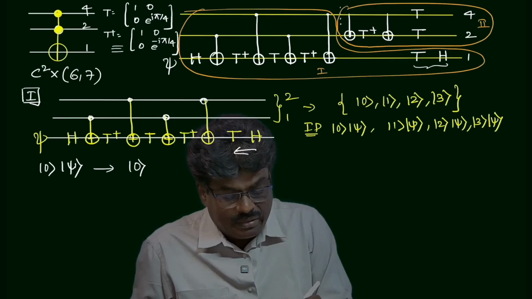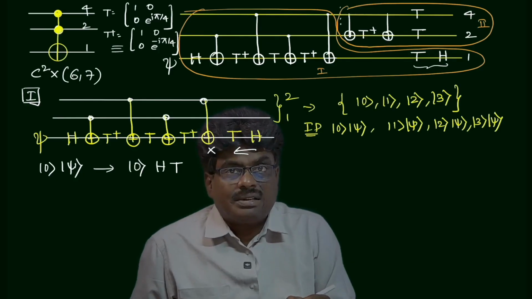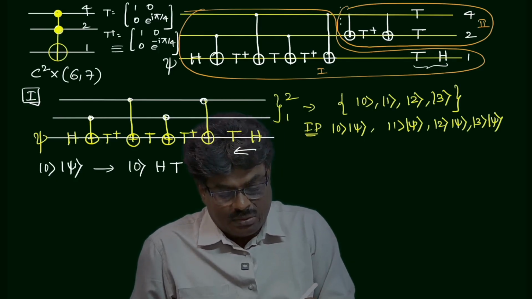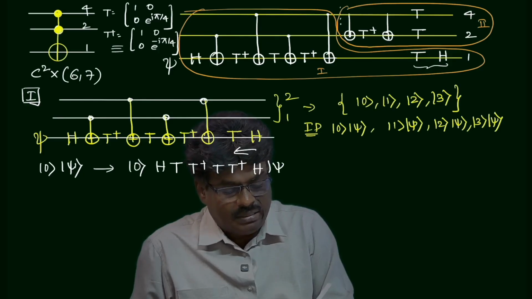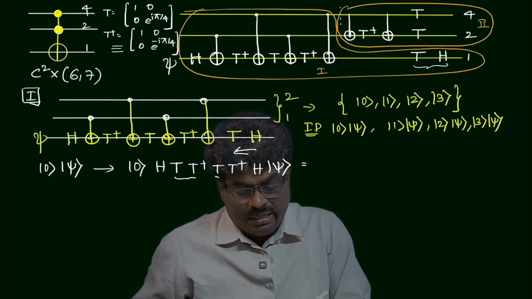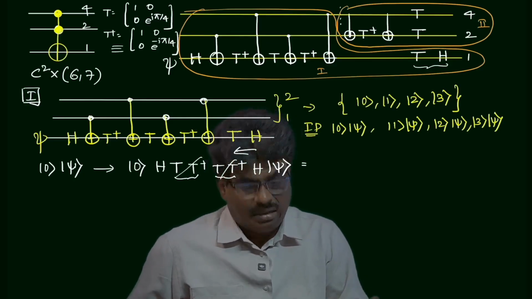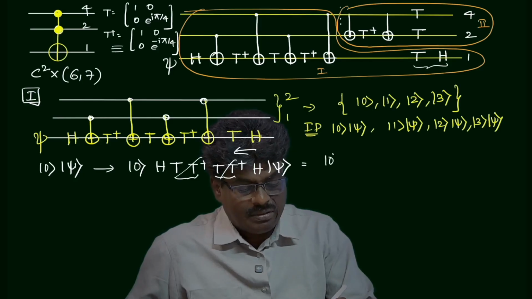Right to left. That's why H T, no X. The reason is it's off. So T dagger, T, T dagger, H and psi. Now this T dagger, T dagger, that is I, and H into H, that is I. So finally we got 0 psi.